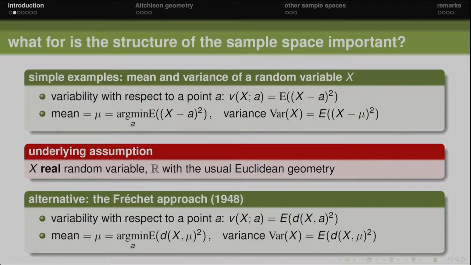Consider the mean and the variance of a random variable. How are they defined?